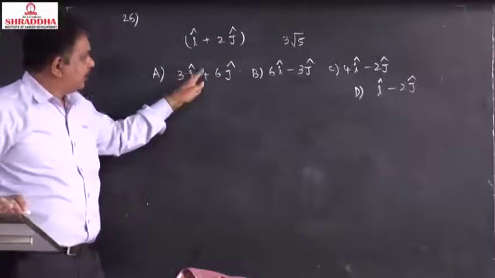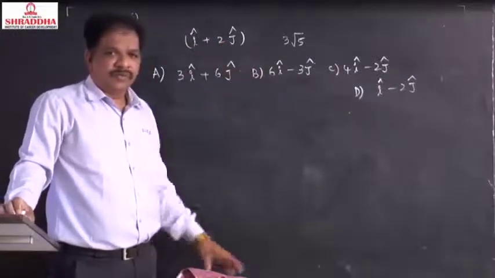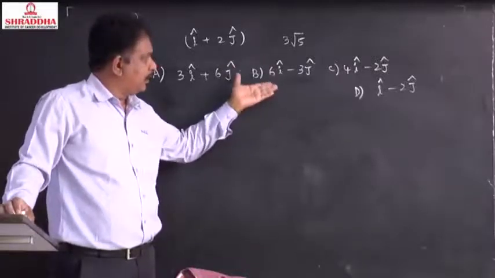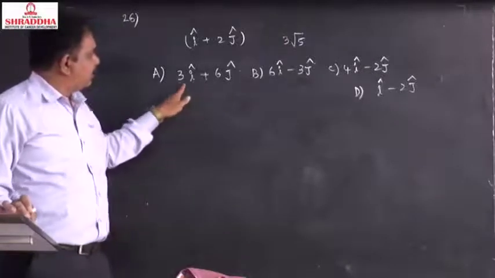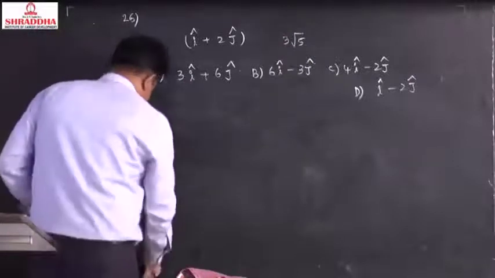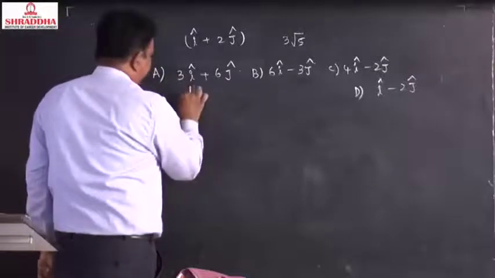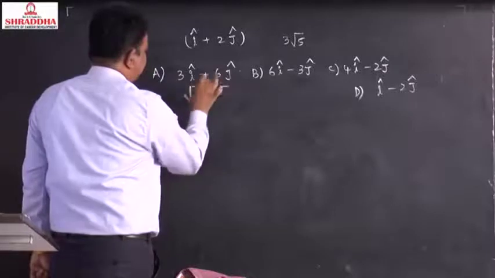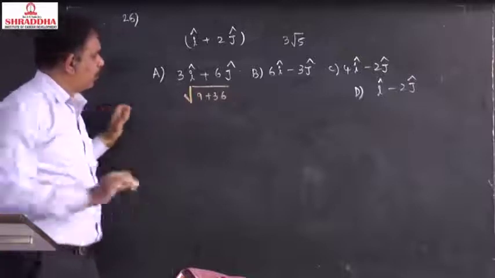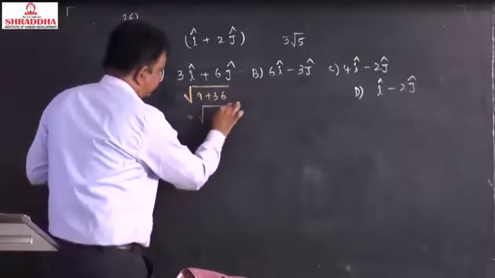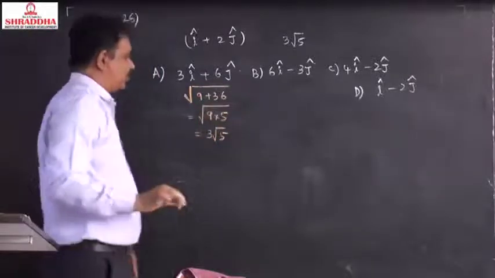Okay, like this 4 vectors are there. In these 4 vectors, one vector is perpendicular to this and its magnitude will be 3 root 5. What is that vector? What is the magnitude of this vector? We will calculate. Square root of 3 square plus 6 square, that will be root 45. 9 into 5, this value 3 root 5.